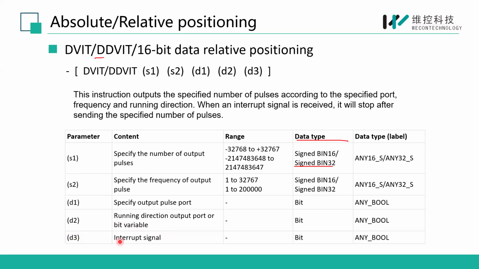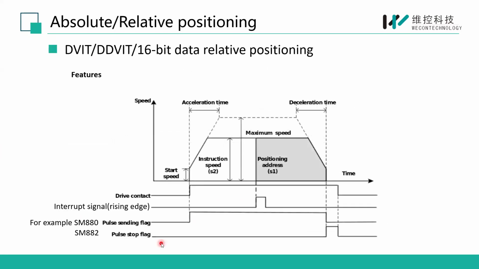And D3 means the interruption signal. Look at this. When the function is triggered, the output axis starts to accelerate and runs at the instruction speed we set in S2.